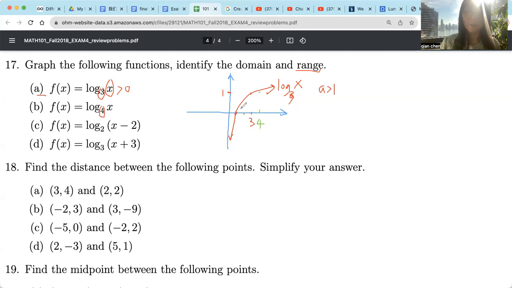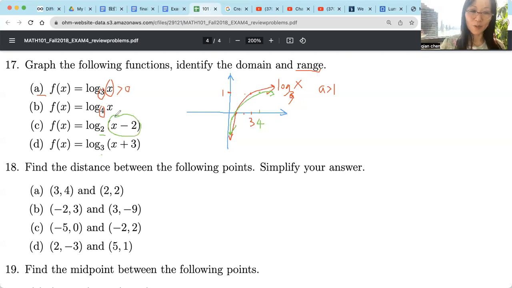Right? And the graph is similar. I have this piece. And also this keeps going down to negative infinity. As you can imagine, if the base is 2, I would reach 1 when x equals 2. Okay, so that's for 3 and 4. Now, what about the values x minus 2?